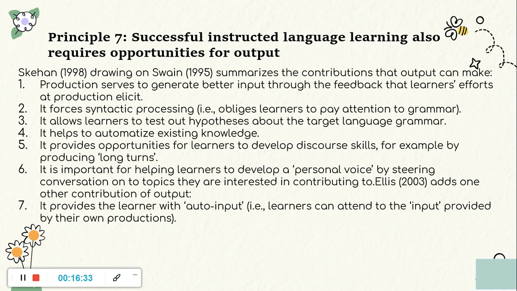Second, it forces syntactic processing, for example, obliging learners to pay attention to grammar. Third, it allows learners to test out hypotheses about the target language grammar. Finally, it helps to automatize existing knowledge.